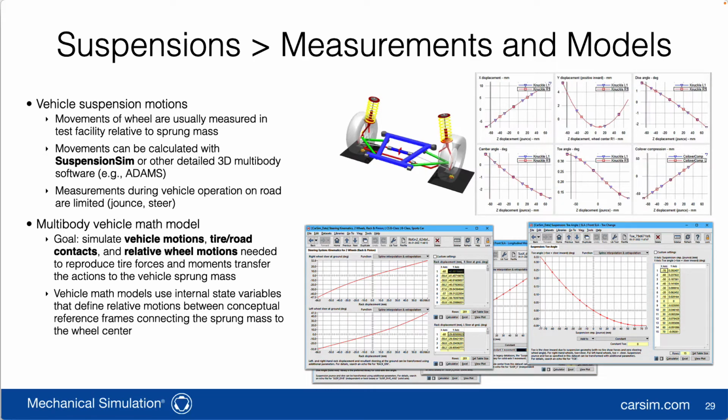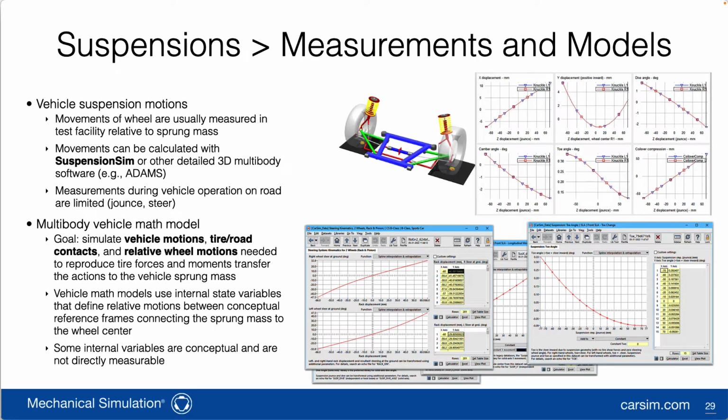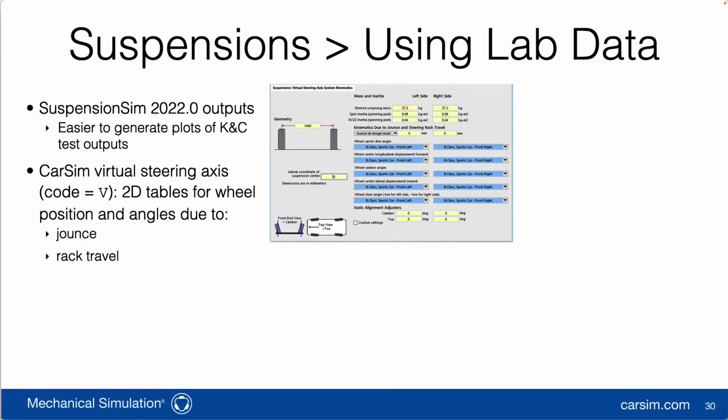We want to make sure that the way that the forces and moments are generated at the ground are transferred correctly to the sprung mass. So to get these, in the past we would do just kind of an approximation and say, what we're asking for is close to what you measure. We've now made some improvements. We have a new suspension module in CarSim that is called a virtual steering axis.